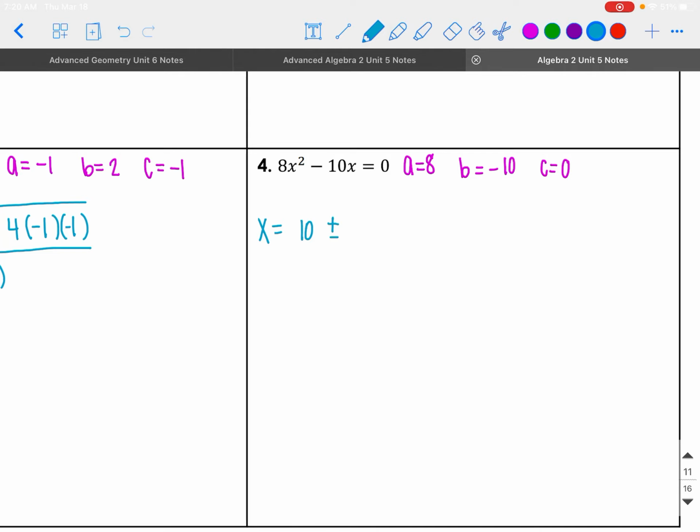That's going to be a +10 plus or minus the square root of b squared minus 4ac all over 2a.